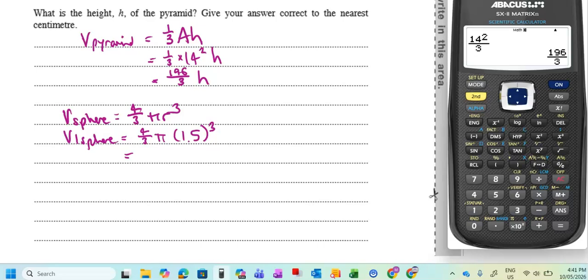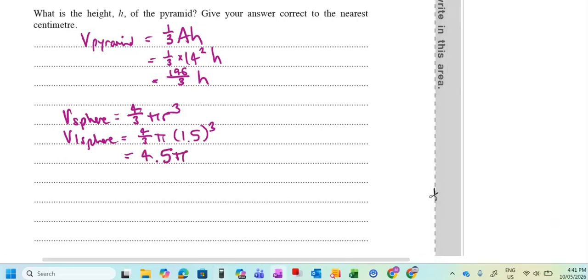So let's work out what that is. 4 over 3 times, I'm just going to leave it involving pi, so I'll just work out the 1.5 cubed. So that is 4.5 pi. So that's for one sphere.